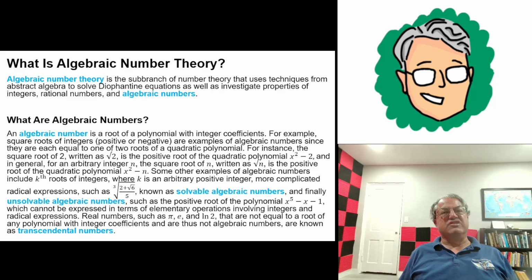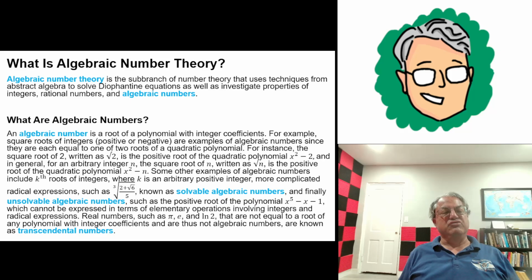And there are other numbers that aren't even algebraic. I mean, like I said, algebraic numbers are roots of polynomials with integer coefficients, but there are other real numbers. I'm sure you all know some of them, like pi and e, and natural logarithms. None of these numbers are algebraic. You can't write them as roots of polynomials with integer coefficients.